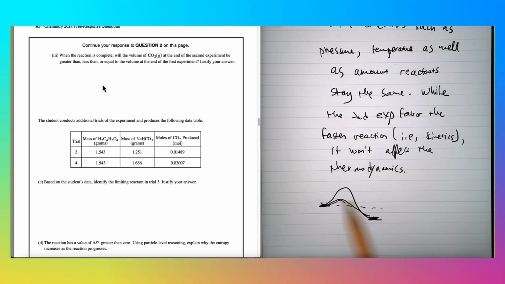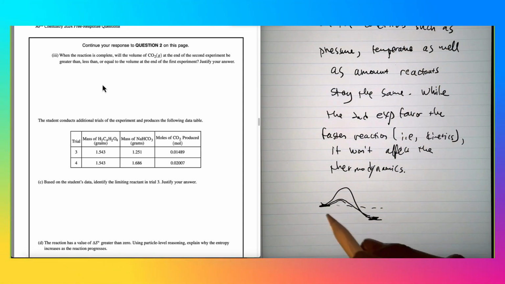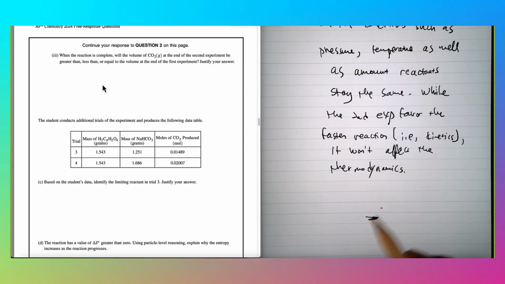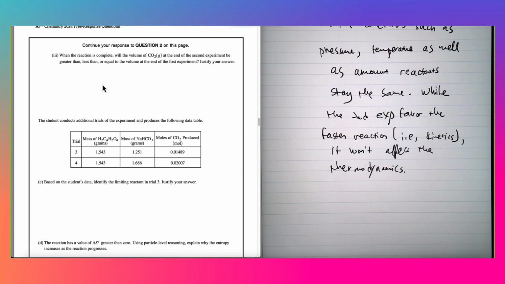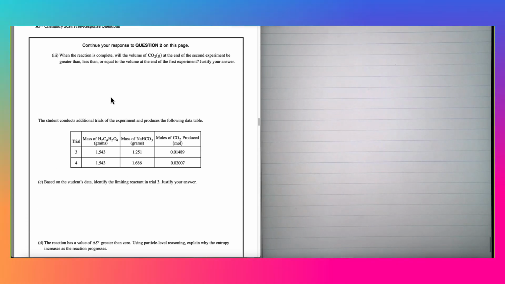So it has the same theme here. In other words, unless you change the amount of reactants in the second experiment, or change the temperature, or change the other criteria, the volume of carbon dioxide will not change. Okay, all right, let's move on to the next one.